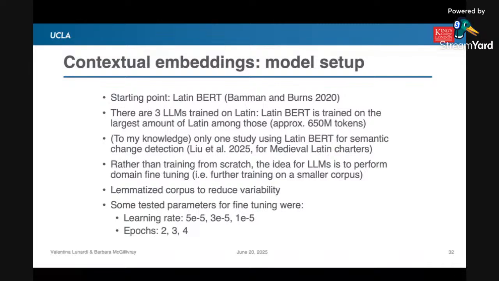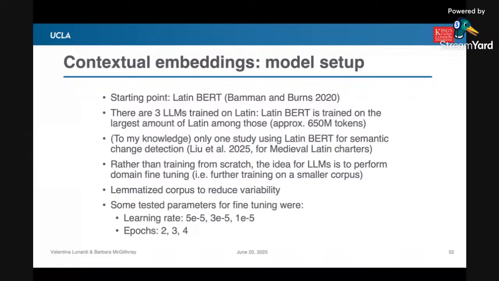The idea for these large language models is that you don't normally train from scratch unless you've got access to really massive supercomputers, but you perform some further training on them with your own corpus. If you want, you can also use them out of the box, but normally performance is improved if you do a little bit of further training, and that's called fine-tuning.